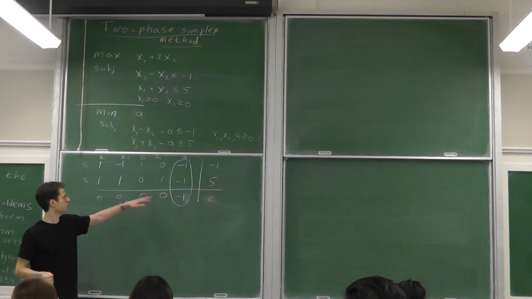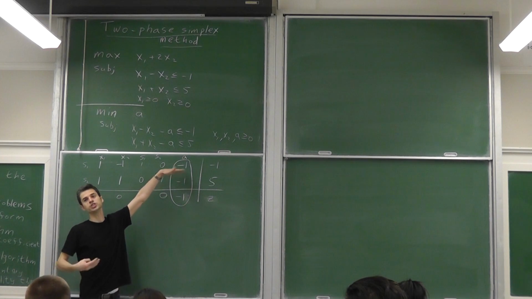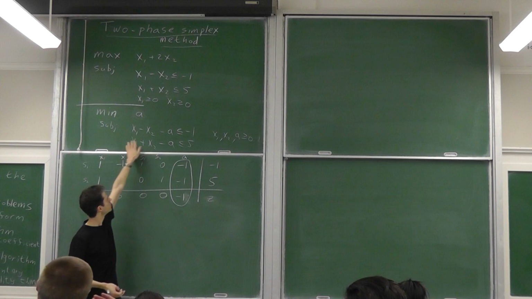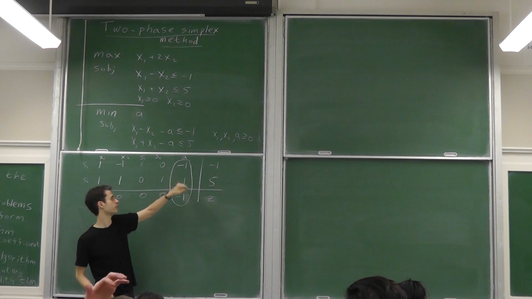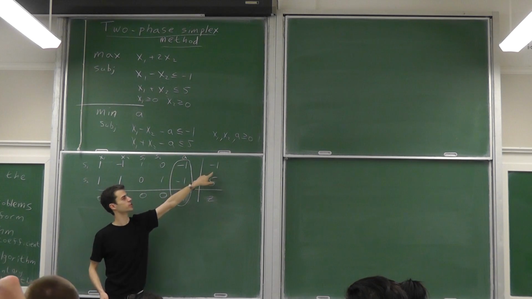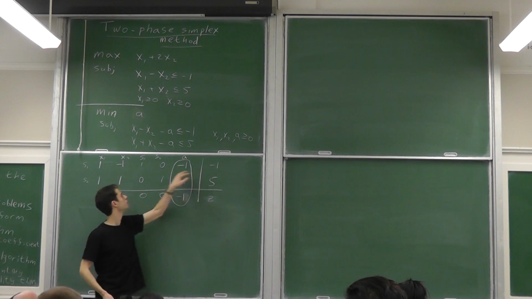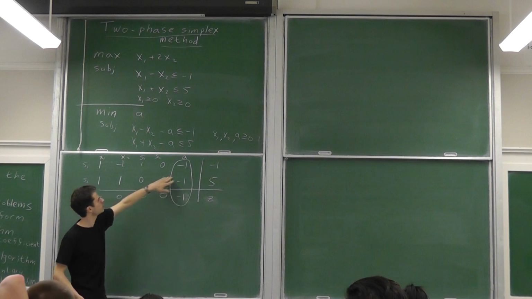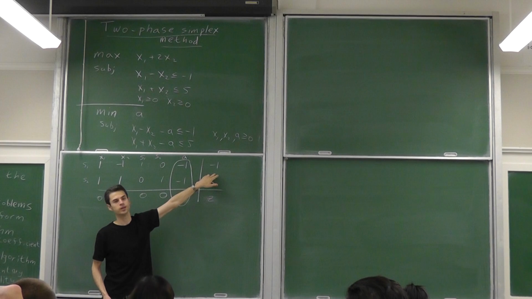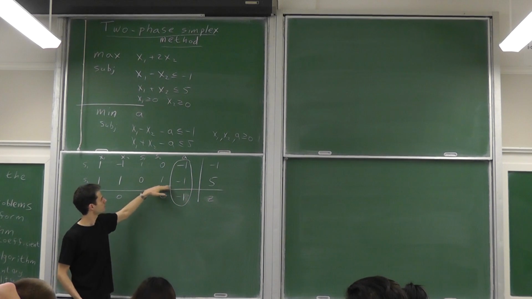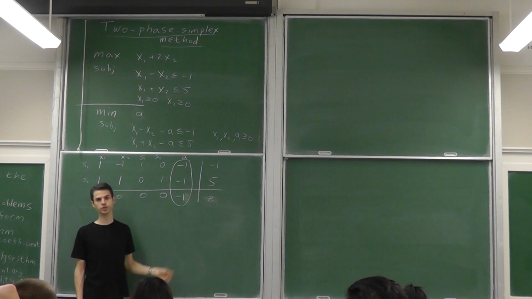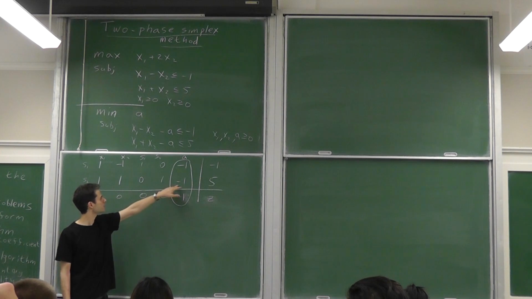You increase it by a large enough amount so that these inequalities will be satisfied. So here you see that you should increase it at least to 1. You should subtract from 0 at least 1 to get minus 1.